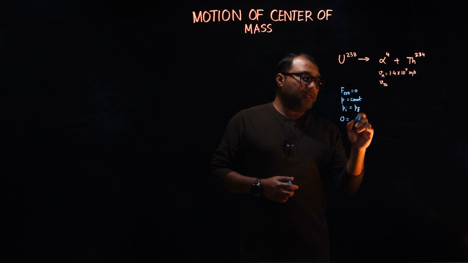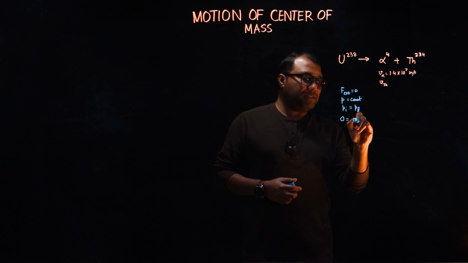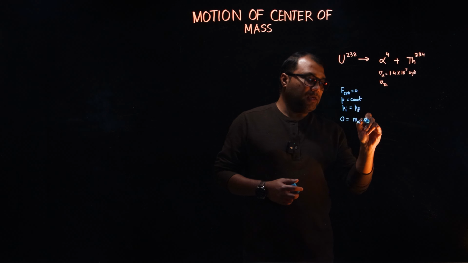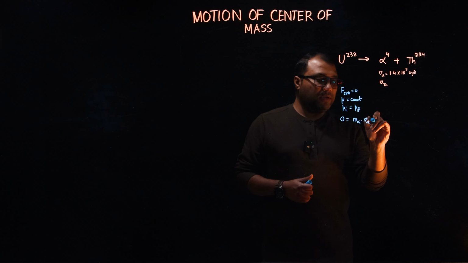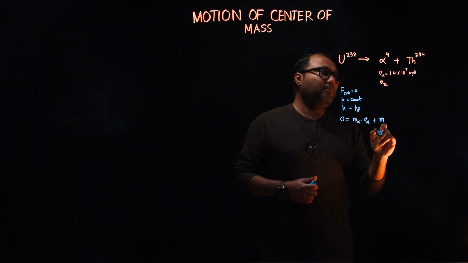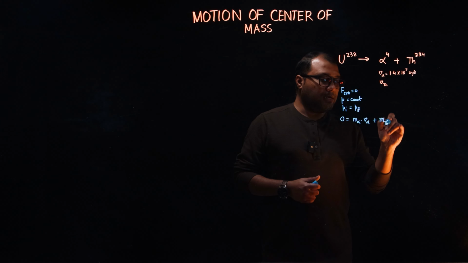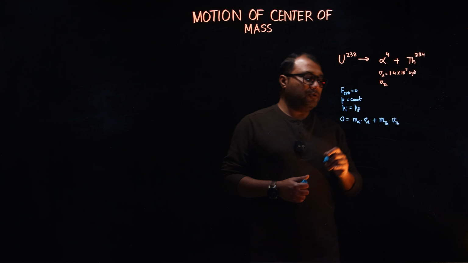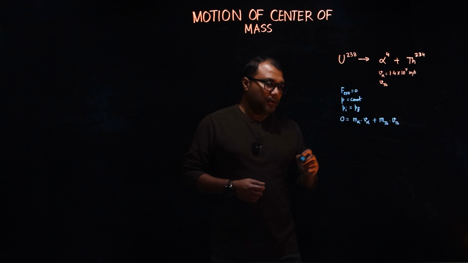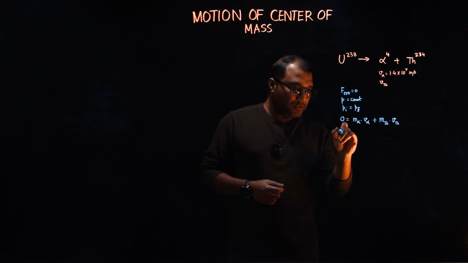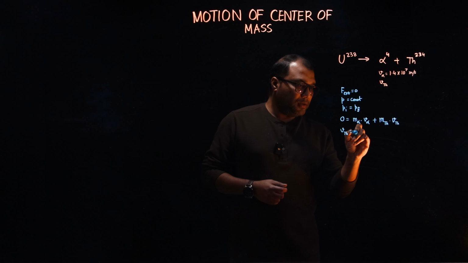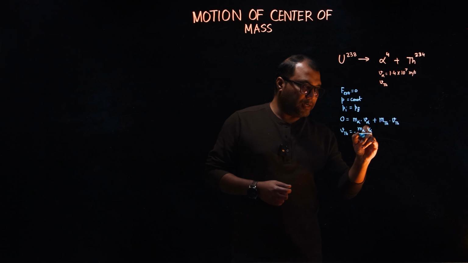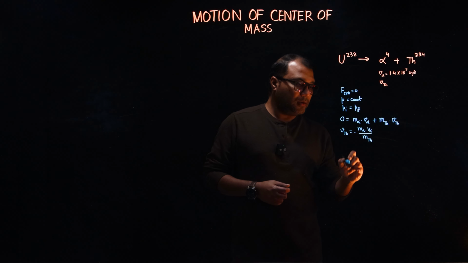The final momentum: the alpha particle has some mass m alpha, goes with speed V alpha, plus the mass of thorium times the velocity of thorium, which we have to find, should be equal to 0. So the velocity of thorium is minus m alpha V alpha divided by the mass of thorium.